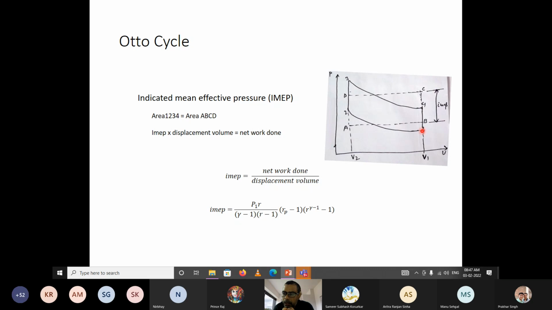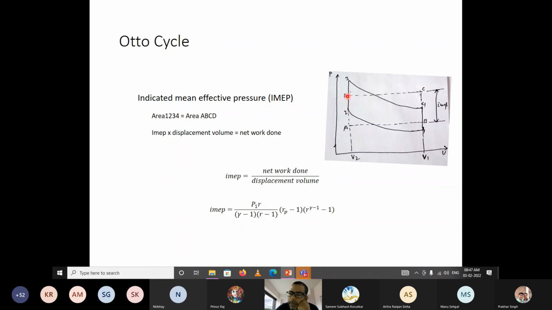To simplify it, the area within this curve 1, 2, 3, 4 gives us the power output or work output. V1 and V2 are the volumes, and V2 minus V1 is the displacement volume.